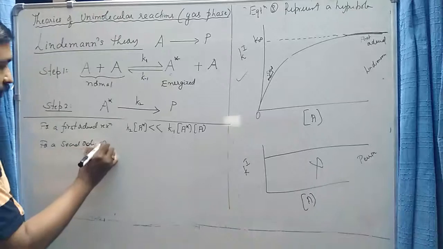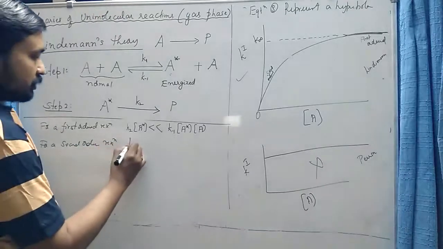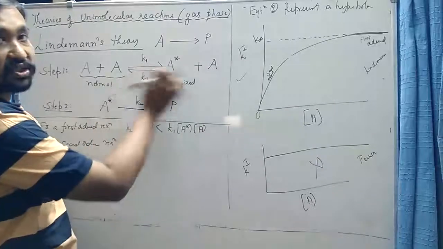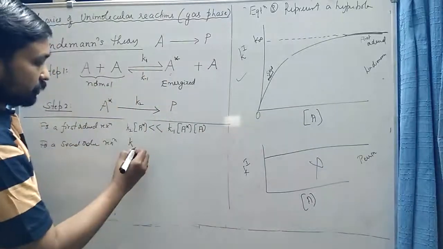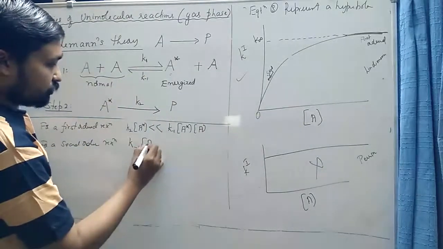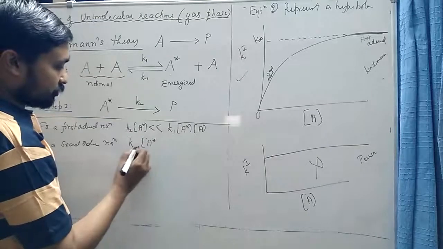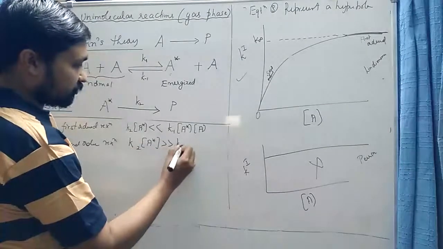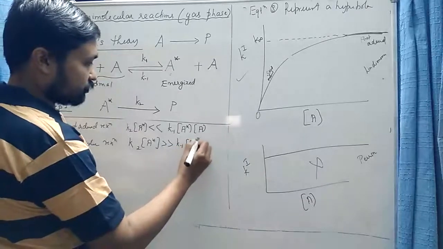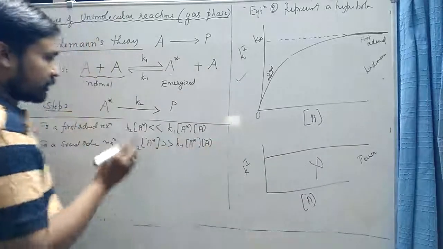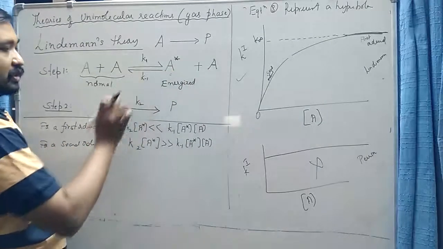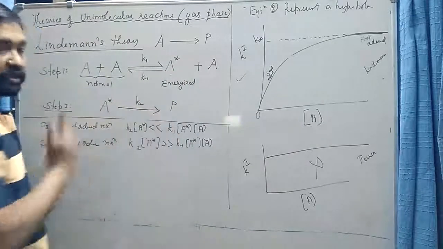For a second order reaction, the reverse step is the rate determining step. So K2 into A star is much greater than K minus 1 into A star into A. In such a case, the rate of de-energization is much less than the rate of formation of product.